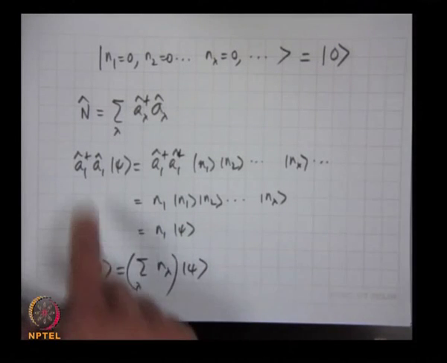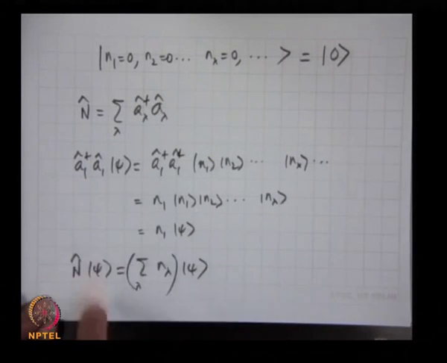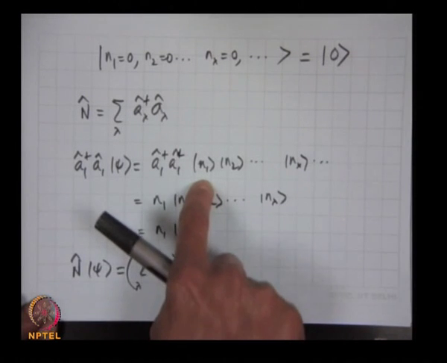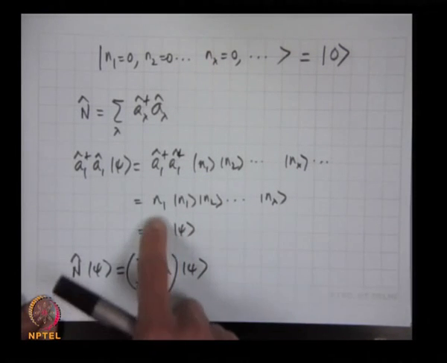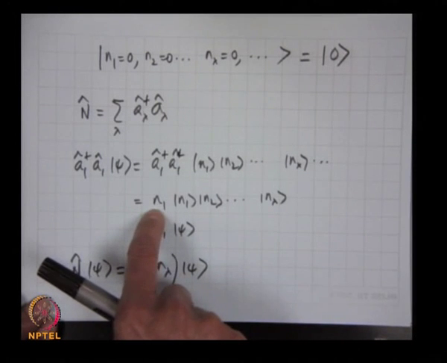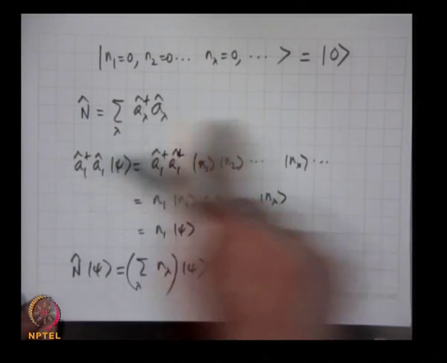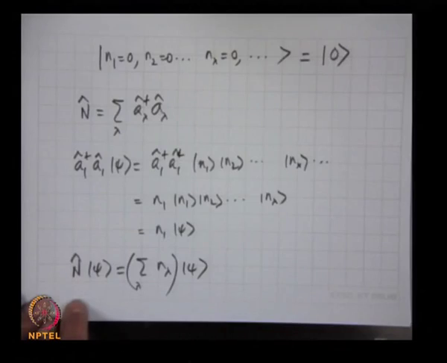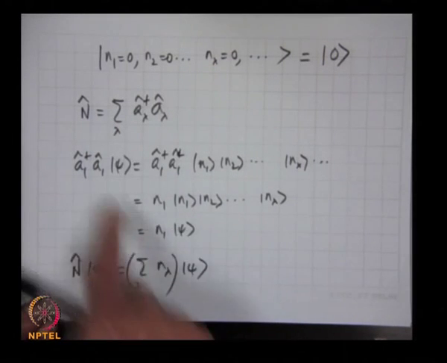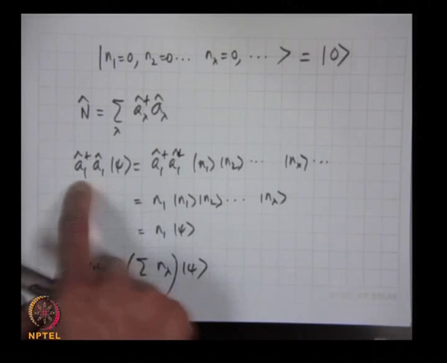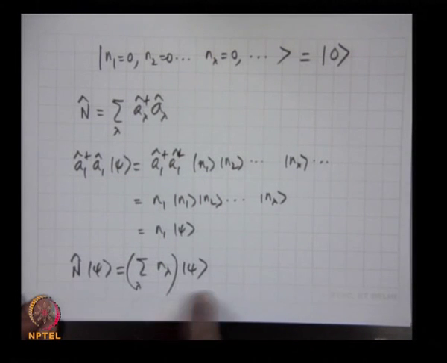This is the number operator corresponding to mode 1, and it operates only on the ket corresponding to mode 1, giving me the number of photons of mode 1. This N contains a sum of A1 dagger A1 plus A2 dagger A2 plus etc., an infinite number. Each of those number operators operates on the corresponding eigenket and gives me a certain n lambda. So if you substitute here and use the fact that each operator operates only on its corresponding ket, what you will see is the total number of photons present, the total excitation state of that state.